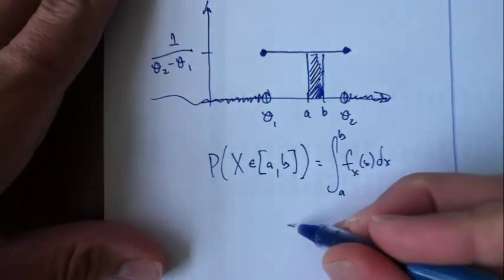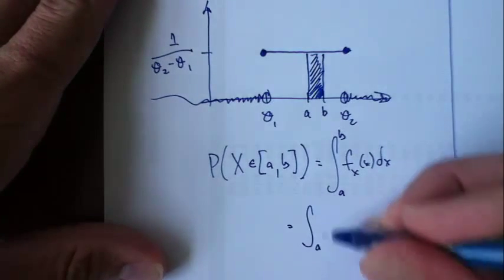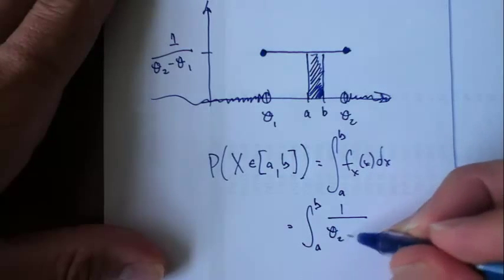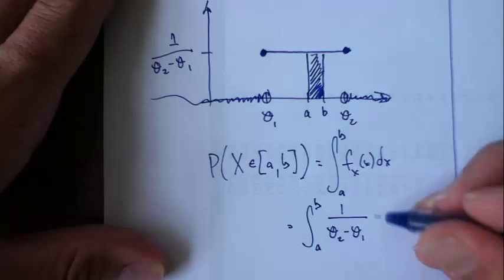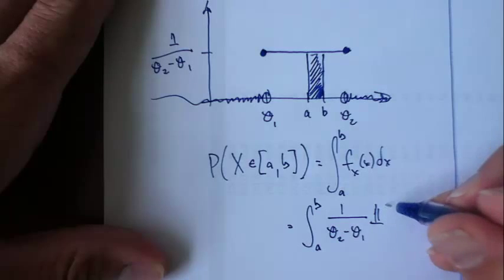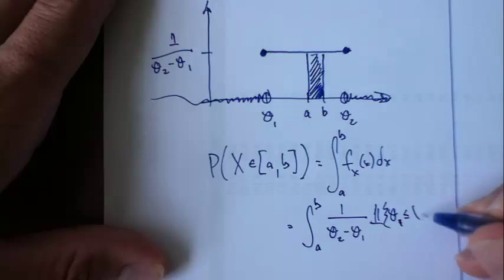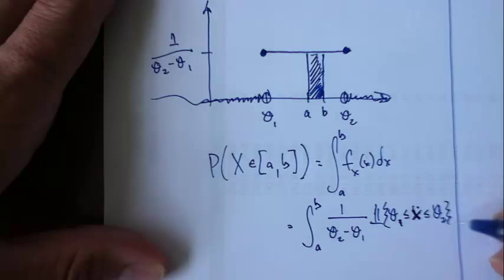All right. So now I'm going to write down my density function in the integrand there, which is 1 over theta 2 minus theta 1 times the indicator function of x being between theta 1 and theta 2 dx.